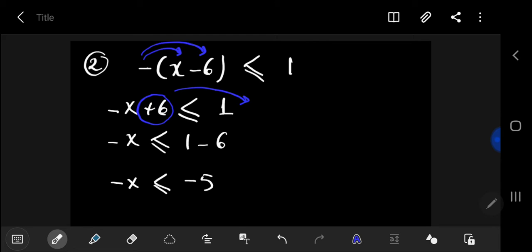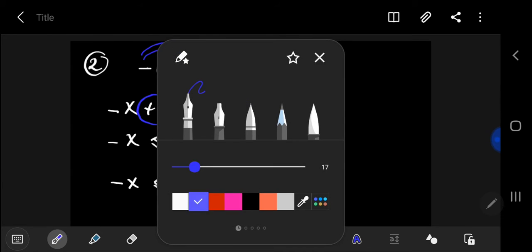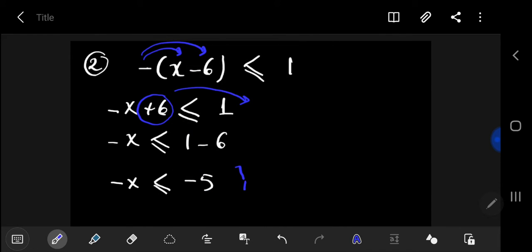If I want to get rid of the negative sign from x, I have to multiply the whole inequality by minus 1.